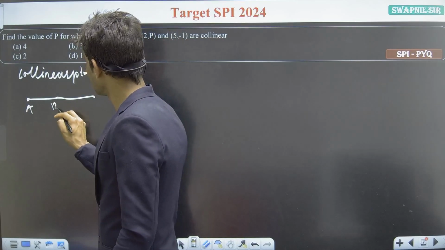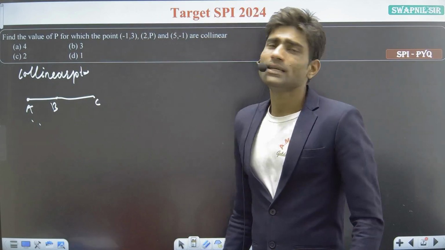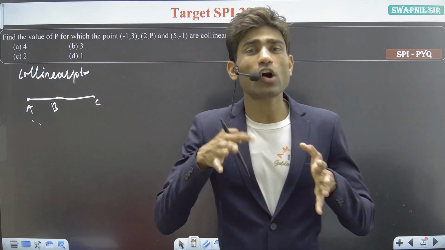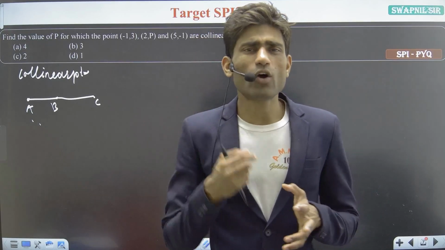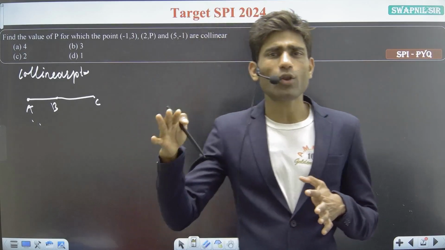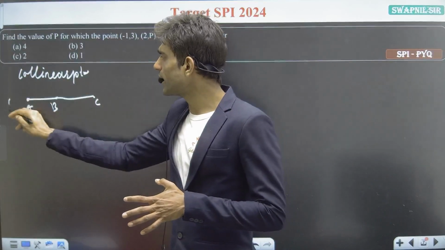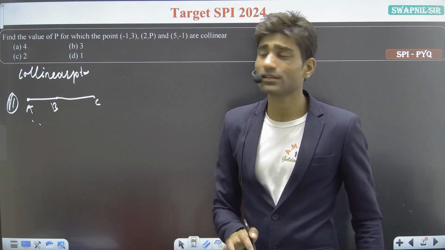Now see that point A, point B and point C are collinear points. Why are they collinear? Because they lie along each other. That means whenever we have line segment AB along with line segment BC, then we call it a collinear line or collinear points. This one is the first condition.